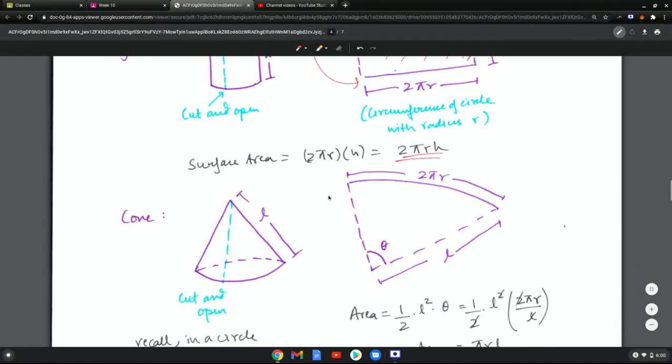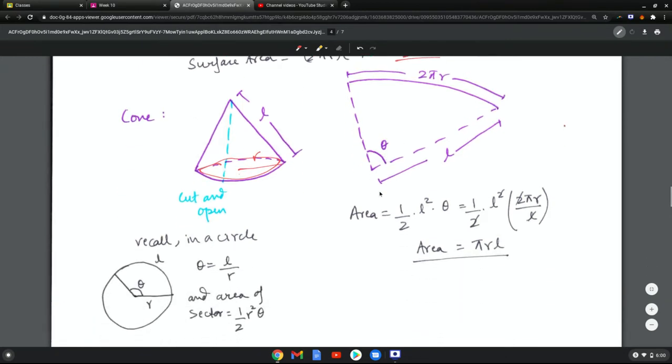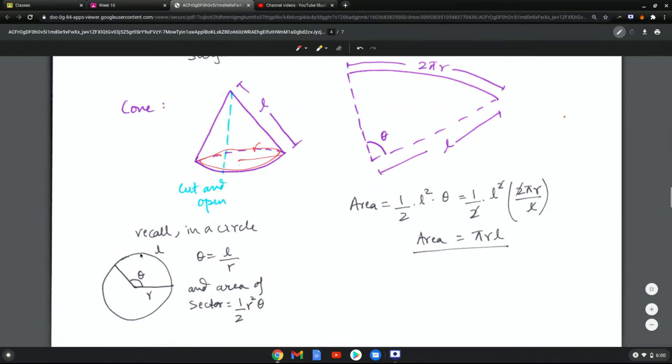Now what about a cone? We start with a cone and we cut it open. We're going to get something like this. This L is called the slant height of the cone. This bottom part is still 2 pi r if the radius is r. And let's say this angle is theta. Recall that in a circle, if you know the arc length, then this angle theta is defined as the ratio of the arc length over r.